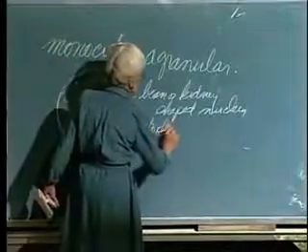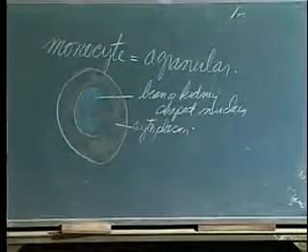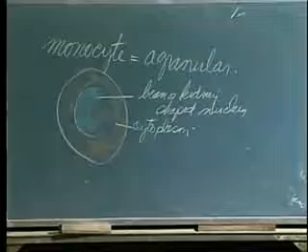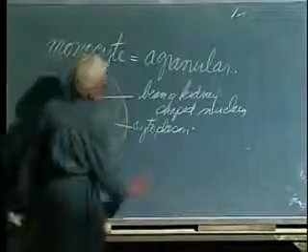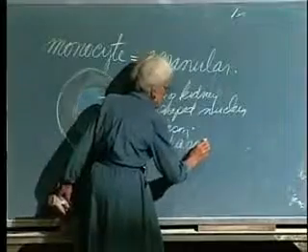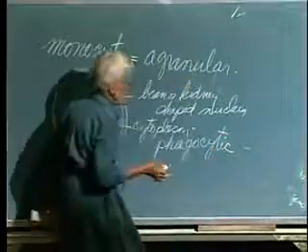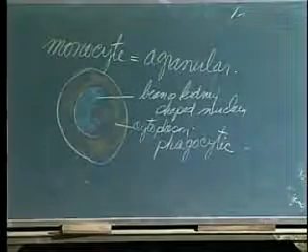Just simple definitions here. The monocyte is a phagocytic cell. And again, these will be out in the connective tissue.